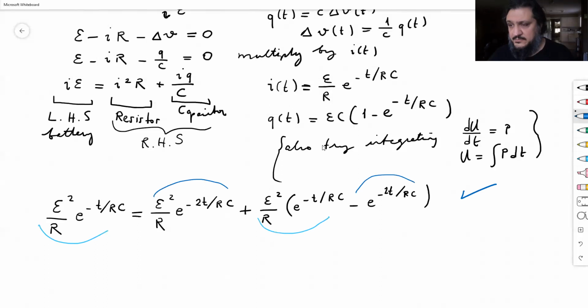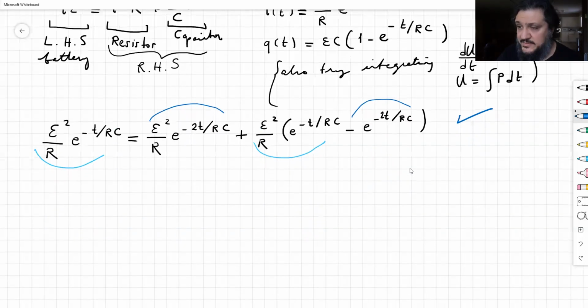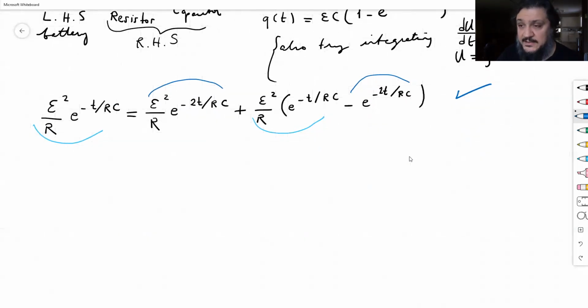We just see that the expressions for I and Q are not in contradiction with this energy argument. We started with that equation to get that result anyway, so no problem there. It's just a confirmation. But what I want to do is the integration part, because I'm going to integrate these terms now to find the energy.